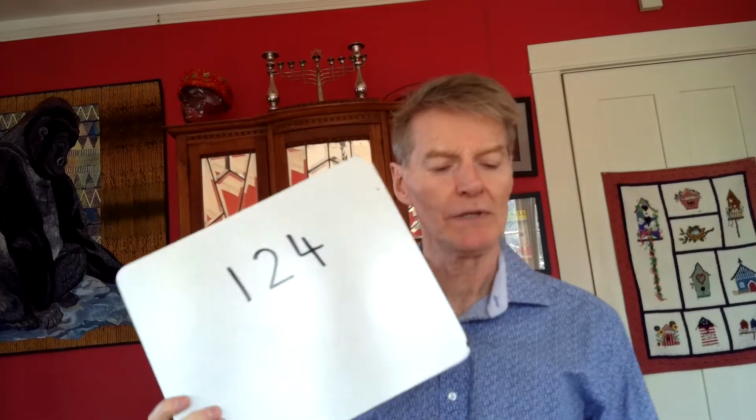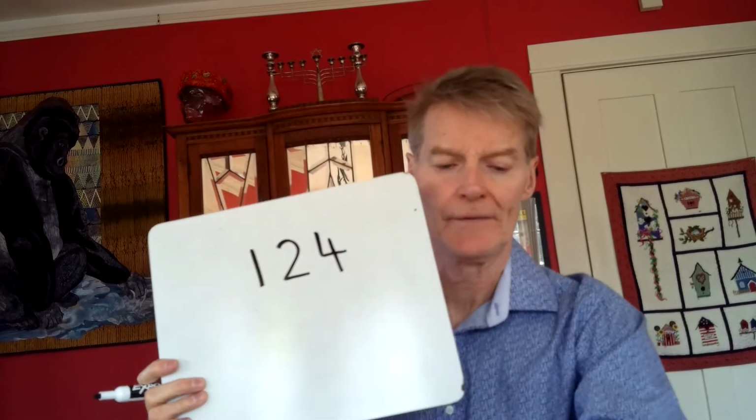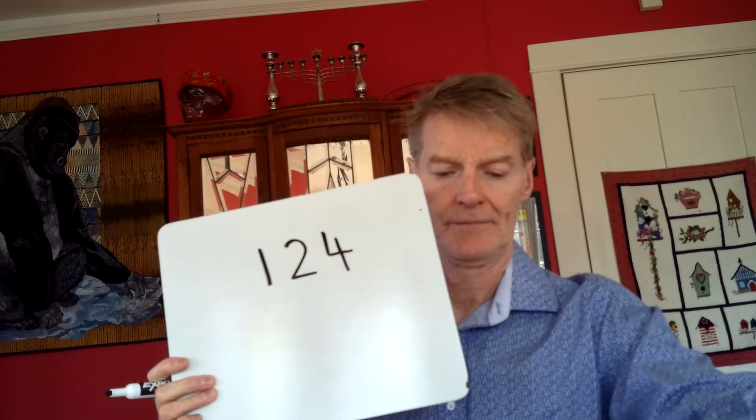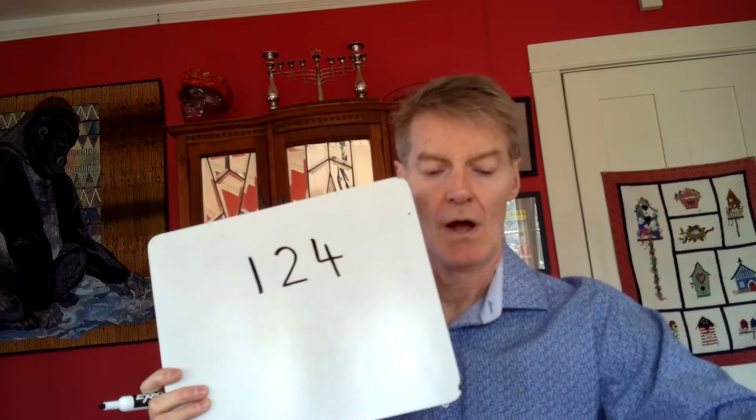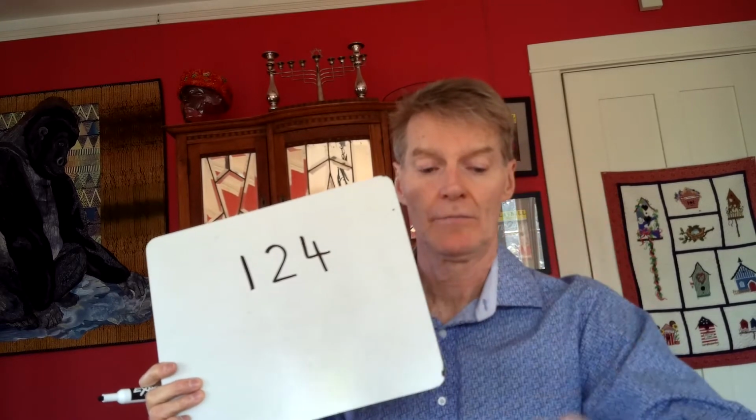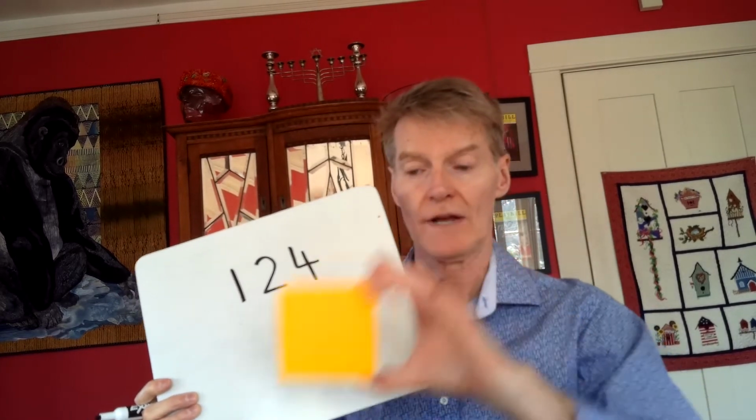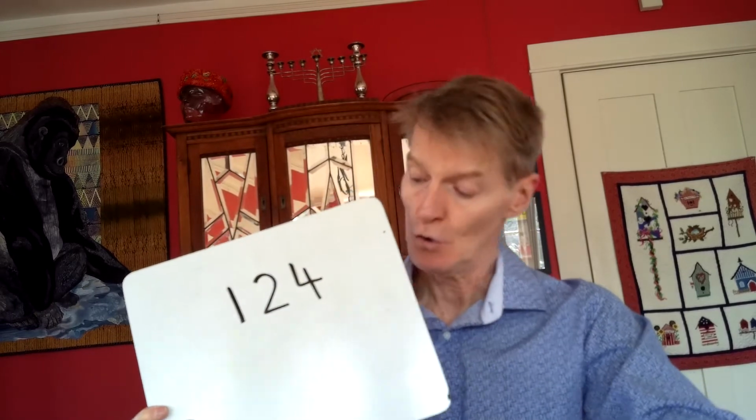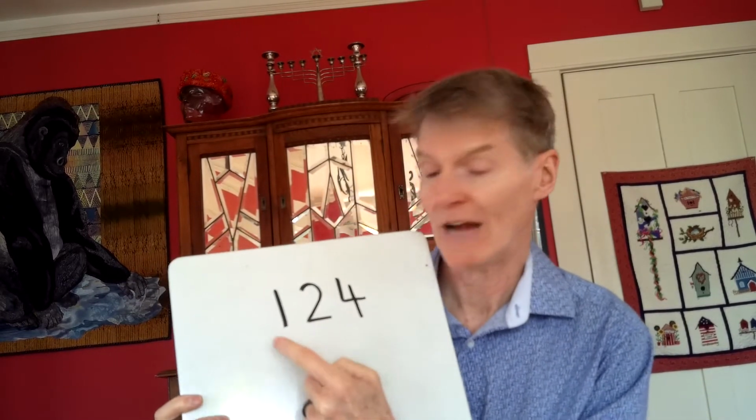I'm going to write some numerals now that I'd like you to try to copy and then try reading. Please copy that numeral. I won't ask you to build it because you don't have one of those. You could build the 24 and remember the 1 is there if you'd like to do that.